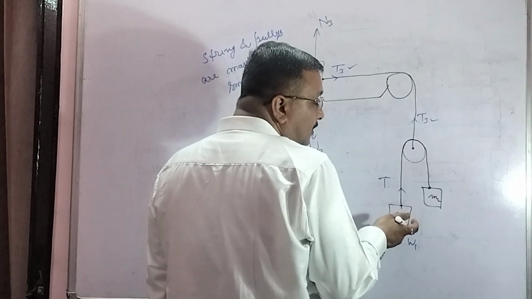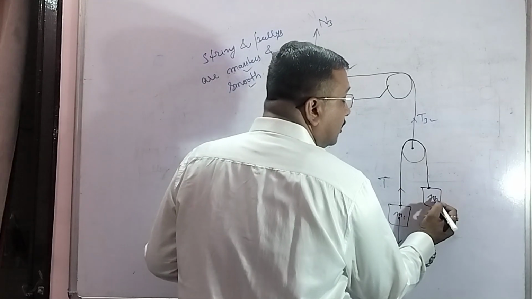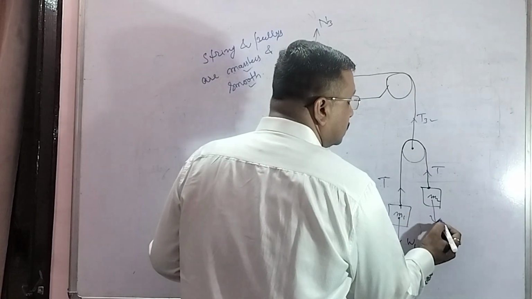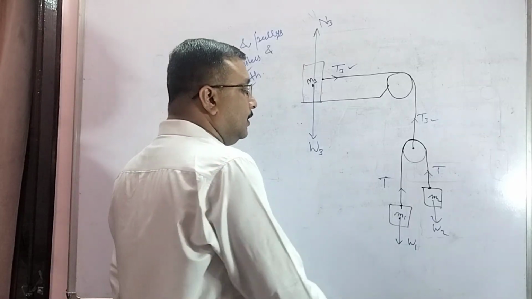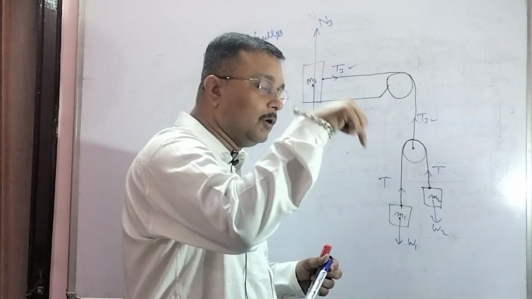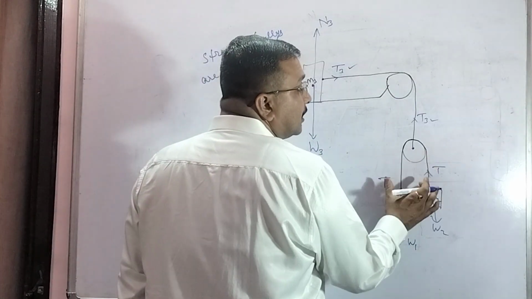So on M1, tension in upward direction, and if it is T, on M2, this will also be T, and weight force will be in downward direction. That is reality. The weight on any object will always be in downward direction by default, but tension will be upward.